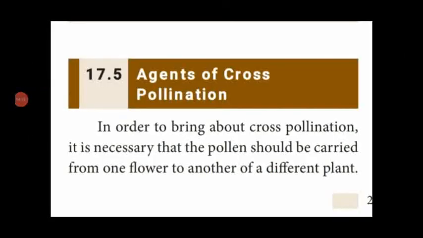Dear students, next we are going to see the agents of cross-pollination. In the previous paragraph we have seen the disadvantage of cross-pollination, the need of an external agent such as air, water, animals and insects. These organisms and also non-living factors, air and water, transfer the pollen grains from the anther to the stigma of another plant of the same species.